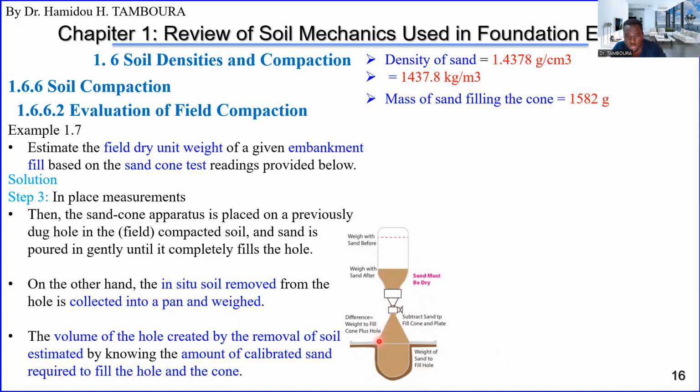If it is full, it will stop running, of course. Then you close it and you go to weigh again. The previous, before opening, it was here. So you know the weight of sand before opening this van.